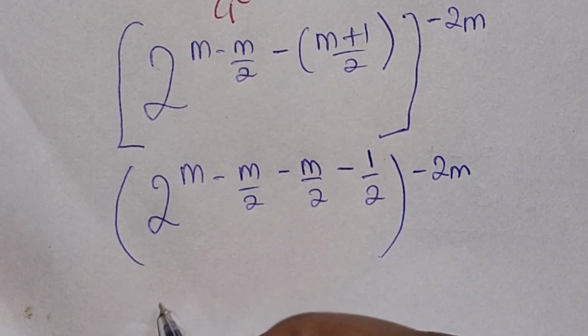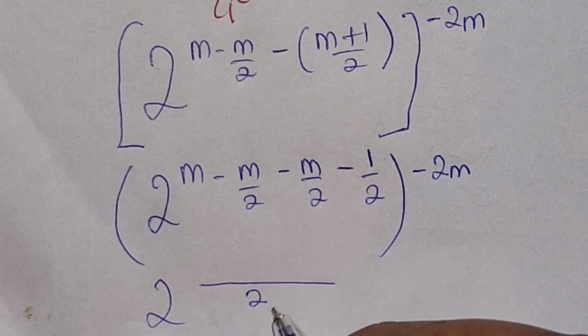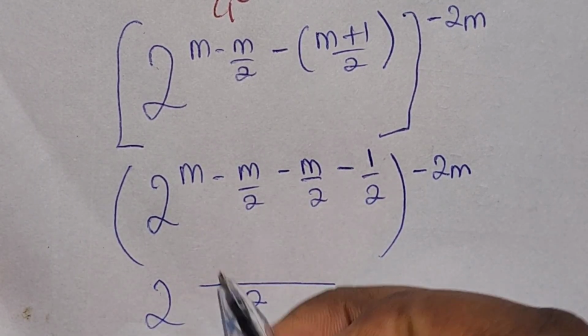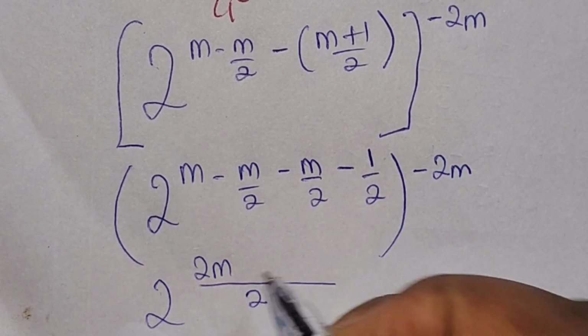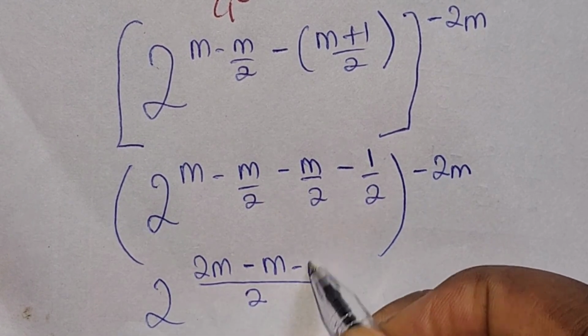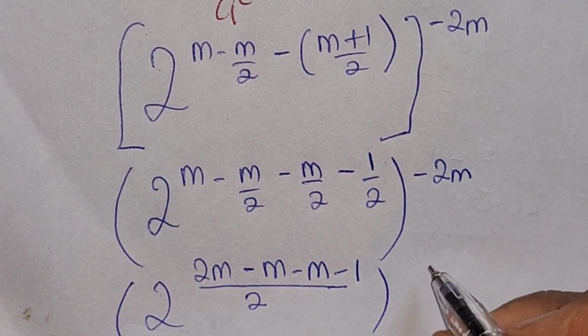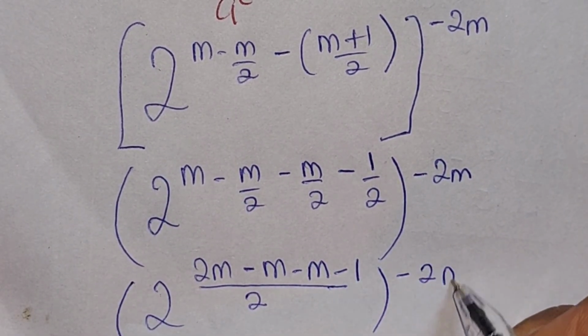When we resolve this, our LCM is 2. So 2 divided by 1, we have times 2m, minus m, minus m, minus 1, further raised to the power of minus 2m.